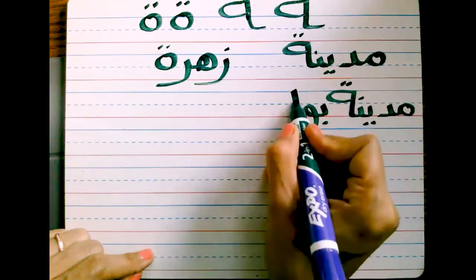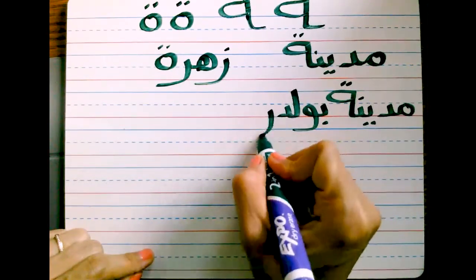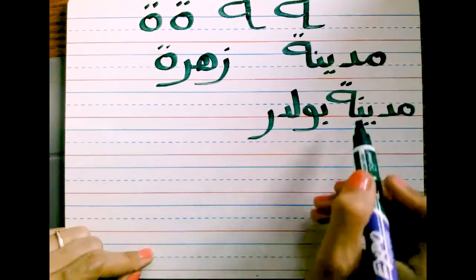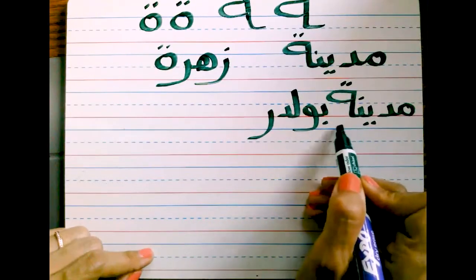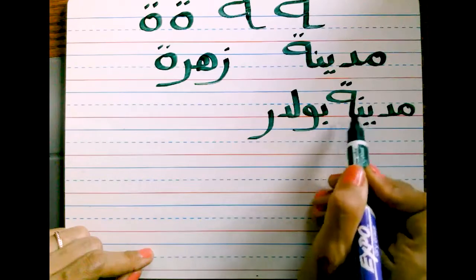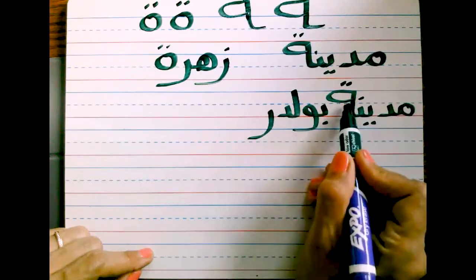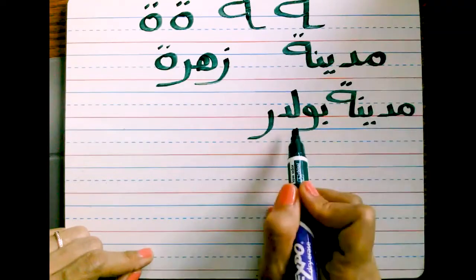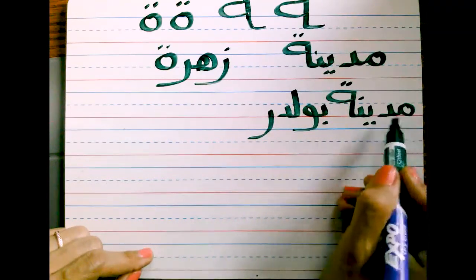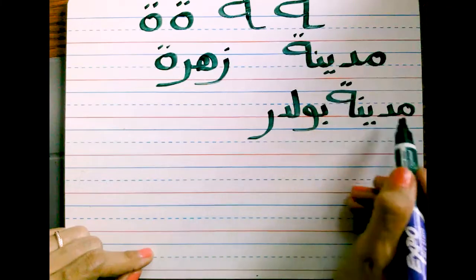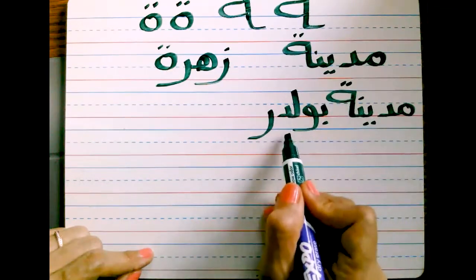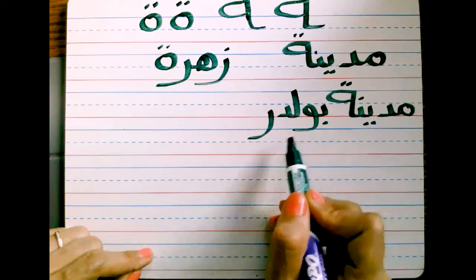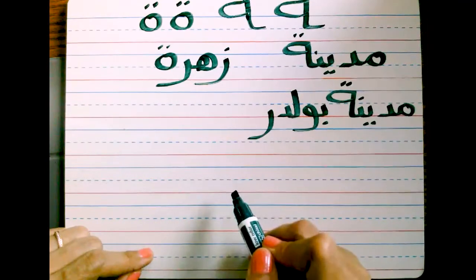This is one of the first things that native speakers notice if you don't make the ta sound in the possessive structure. So here we pronounce the ta: Medinat Boulder, Medinat New York, Wilayat Colorado.